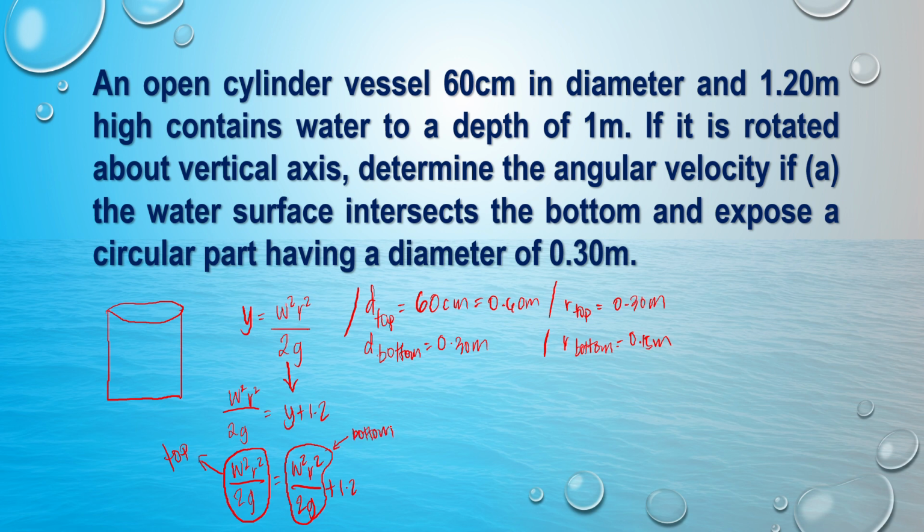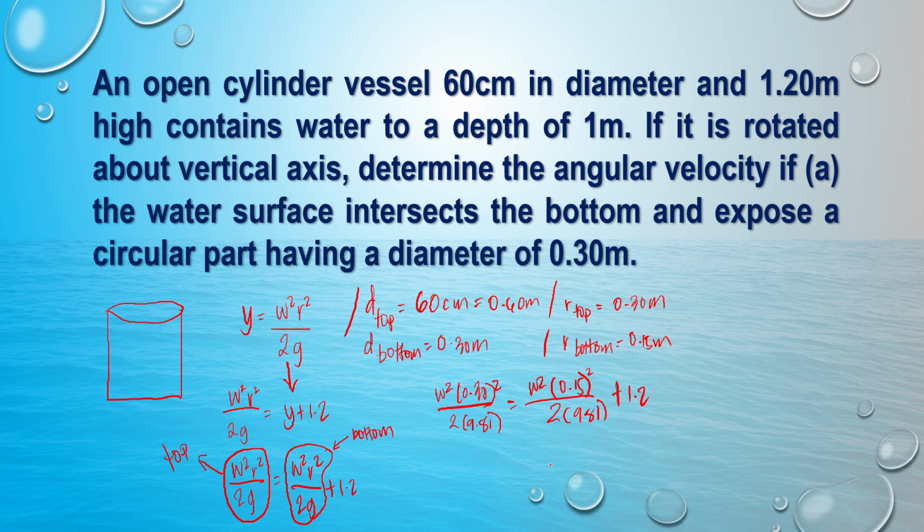Okay? So let's substitute all the given values. W squared times 0.30 squared divided by 2 times 9.81 equals W squared times your radius at the bottom, 0.15 meters squared, divided by 2 times 9.81, plus 1.2.